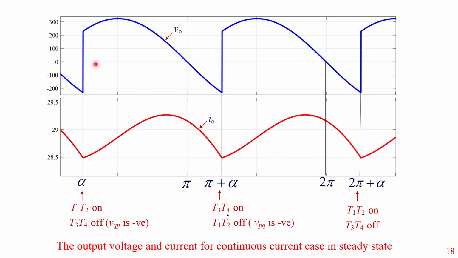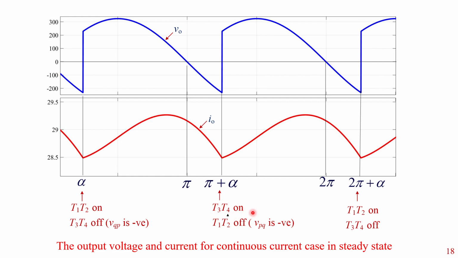In the continuous current case, the current oscillates around an average value. These are the waveforms for the continuous current case in steady state. This is the output voltage and this is the output current. At omega t equals alpha, T1, T2 are on, the voltage suddenly rises, and the current rises gradually, and at omega t equals pi plus alpha, T3 and T4 are on.